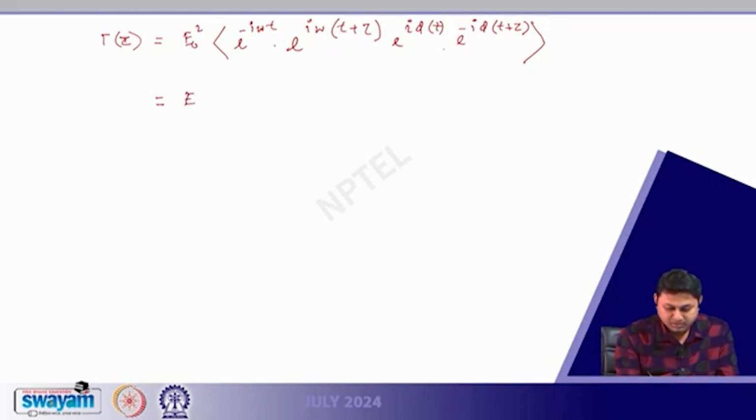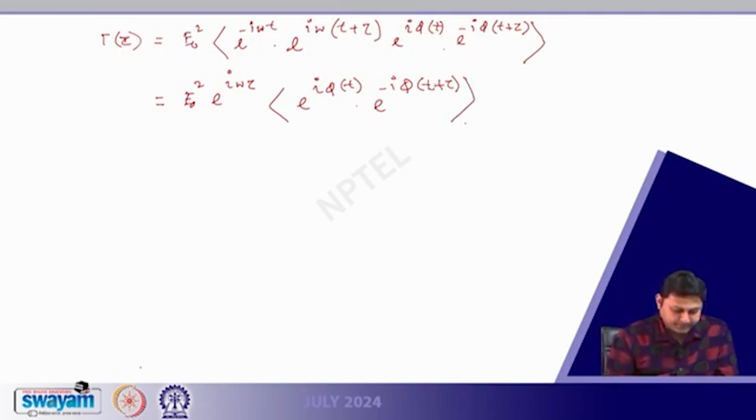So it should be E0 square e to the power of i omega tau, and in the bracket we have the time average of e to the power of i phi t into e to the power of minus i phi t plus tau.